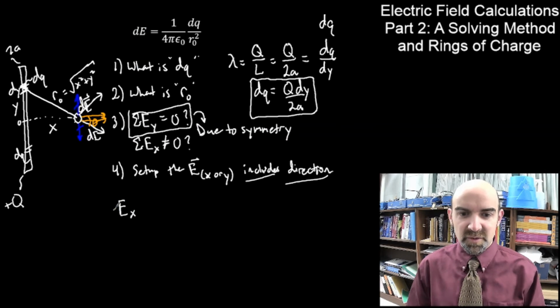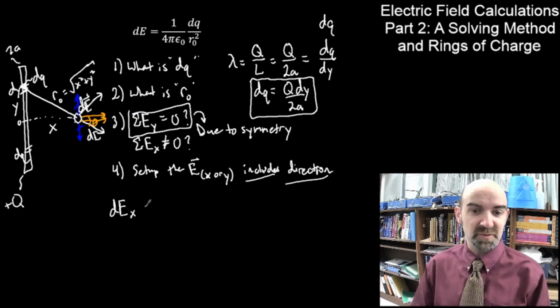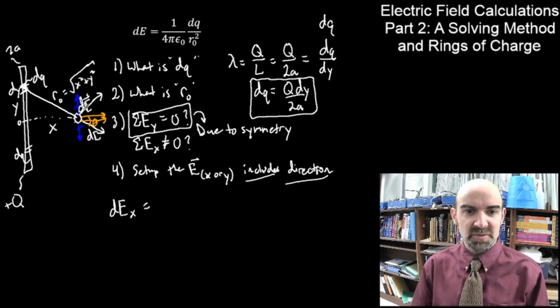But we're going to put it in this form: dE in the x direction equals, so that little x component of dE is going to equal 1 over 4 pi epsilon naught. Just copying this expression.